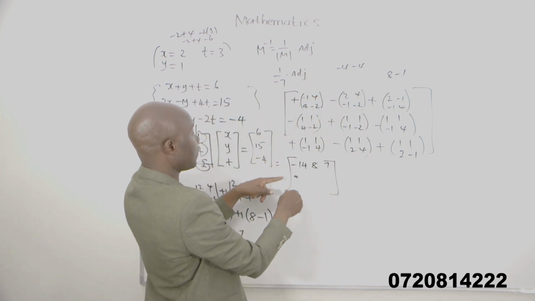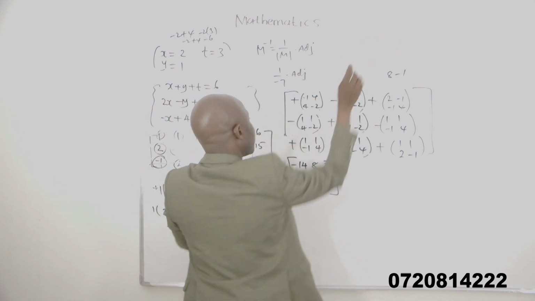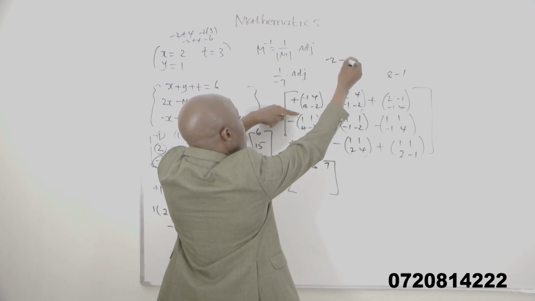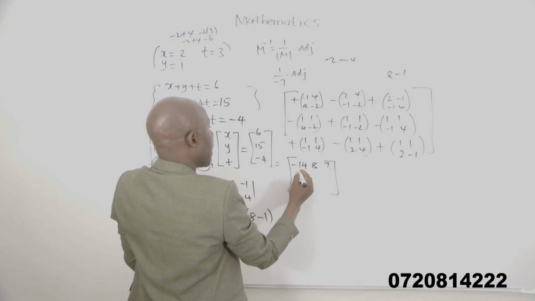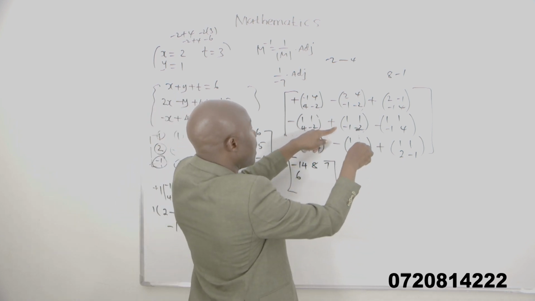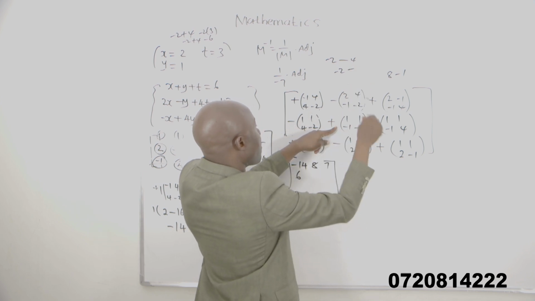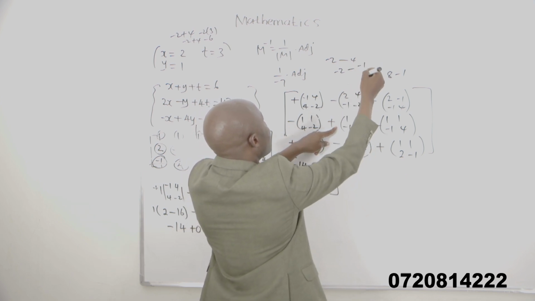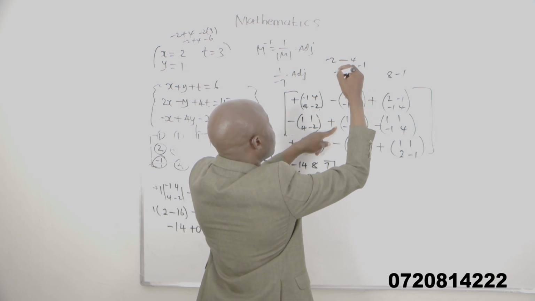So coming here, at the lower part, negative 2, we take negative 2 minus 4, which is minus 6. And having a minus, it is a plus 6. In the middle here is minus 2 minus the product, which is minus 1. So minus 2 minus minus 1 is plus 1, which is negative 1.